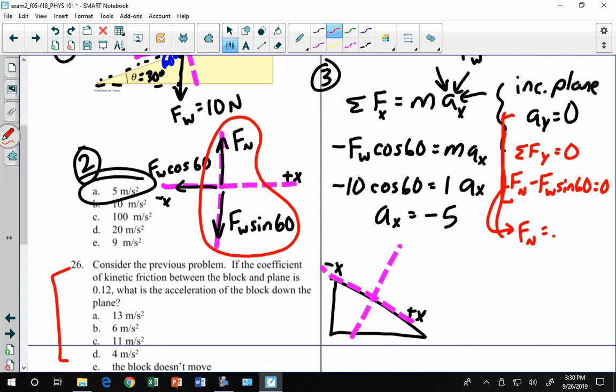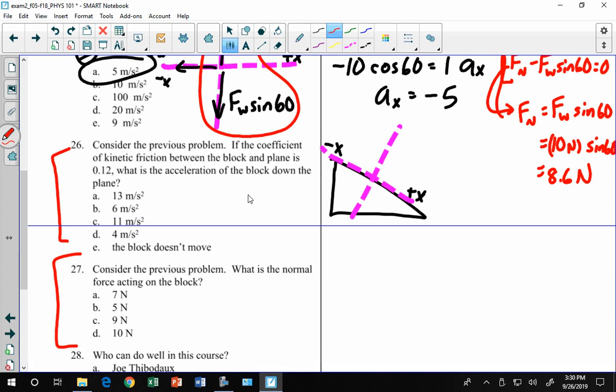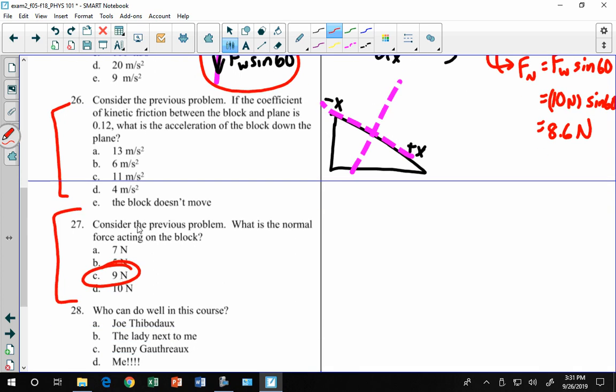Fn equals Fw sine of 60. Fw was 10 newtons, 1 kilogram times 10 meters per second squared, so 10 newtons times sine of 60, 8.6. So that's my normal force, or 9 newtons. Let's look at a different friction problem. We'll come back to that.